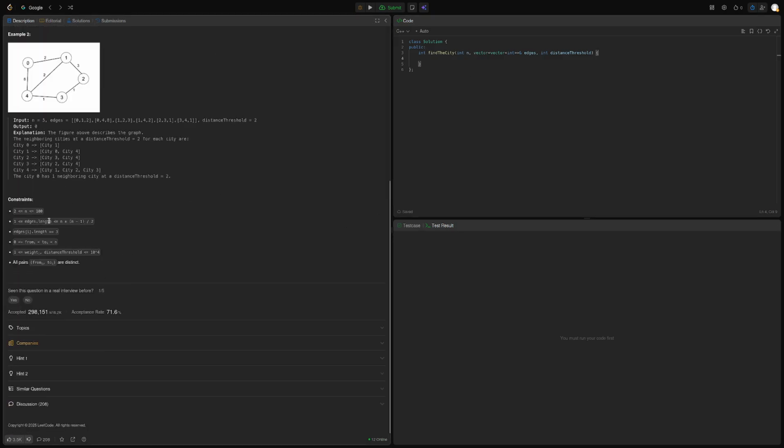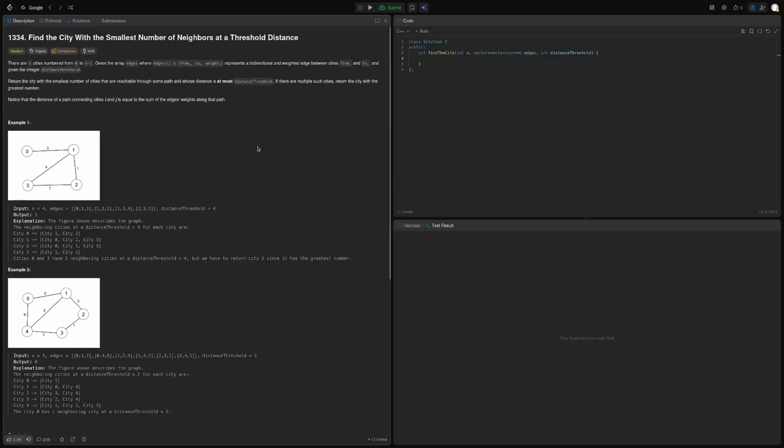The number of edges can be a lot. But I guess we can just run Dijkstra from everywhere, I think. I mean, we can try, I guess.